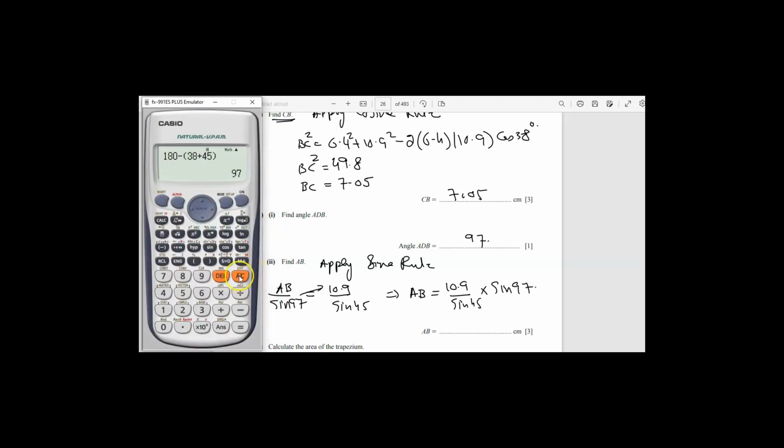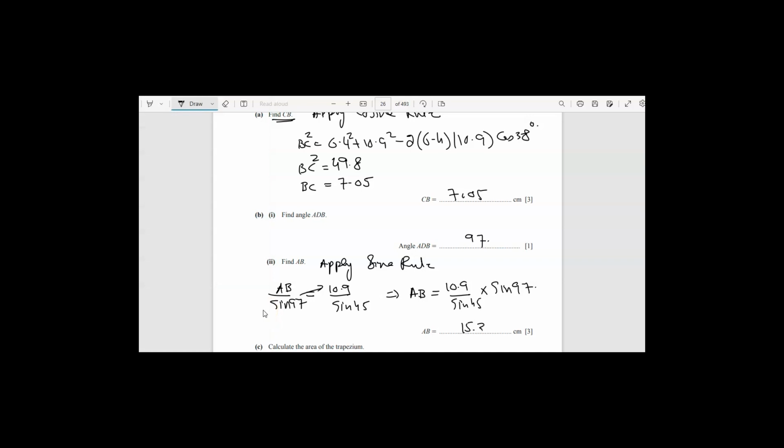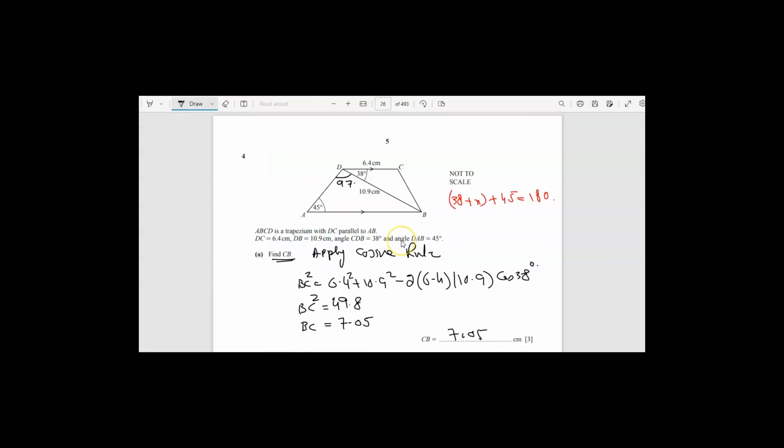So we'll use the calculator here. 10.9 times sine 97 divided by sine 45. 15.3 is the answer. 15.3.